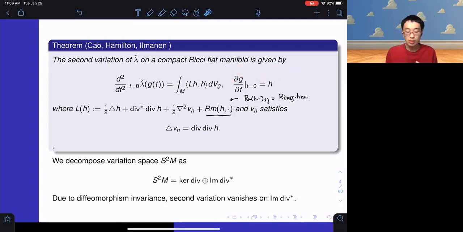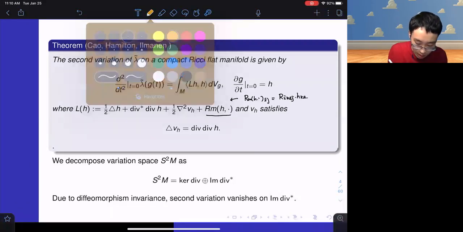But it's hard to argue this directly. So our idea is to decompose our variational space. Intuitively, we will write our variation space, S2M, any symmetric 2-tensor, as the kernel of divergence part and the image of divergence star part.